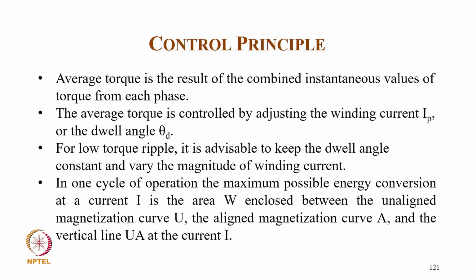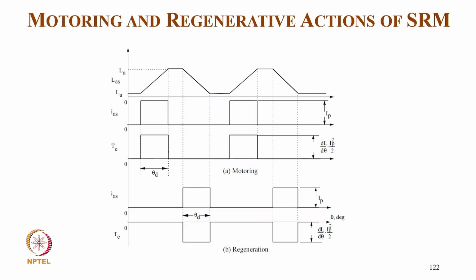In one cycle of operation, the maximum possible energy conversion at a current I is the area W enclosed between the unaligned magnetization characteristic U and the aligned magnetization characteristic A, and the vertical line UA at the current I. And this is typically how the current and torque produced look under ideal conditions with the inductance variation.